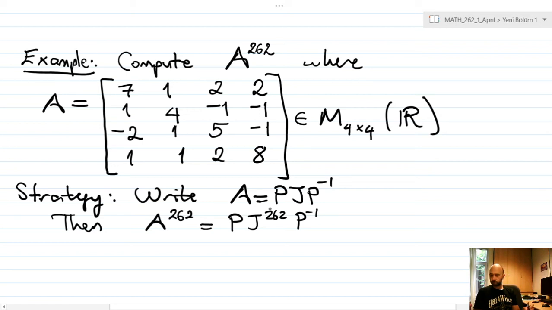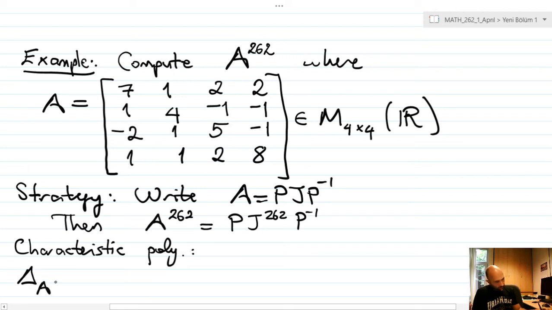That's the strategy. Now, one piece of this example, which I will not do here, is to compute the characteristic polynomial. I'll just write it down, but I'll do the rest. So delta_A(x) is of course the determinant of x times I minus A. It's a straightforward computation, but a little bit lengthy.